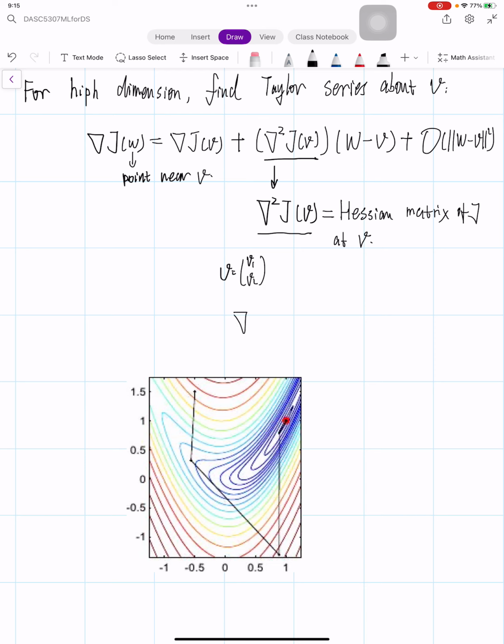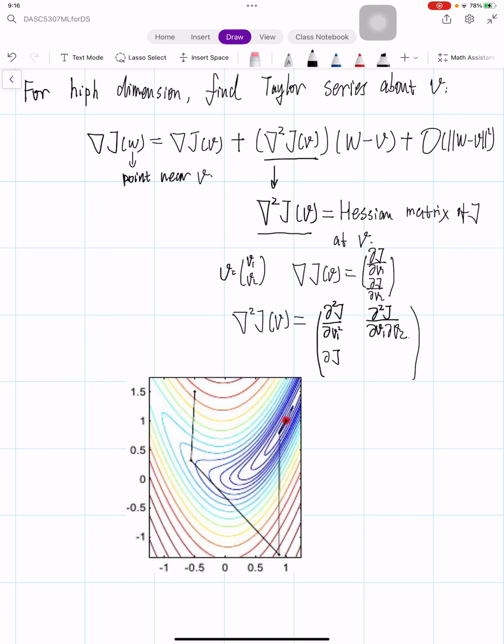The first derivative of J at v is just a vector: the partial derivative with respect to v1 and the partial derivative with respect to v2. That's the gradient. The second derivative will be a matrix, because you have the second derivative with respect to v1 squared, the mixed second derivatives with respect to v1 and v2, and v2 and v1, and the second derivative with respect to v2 squared.